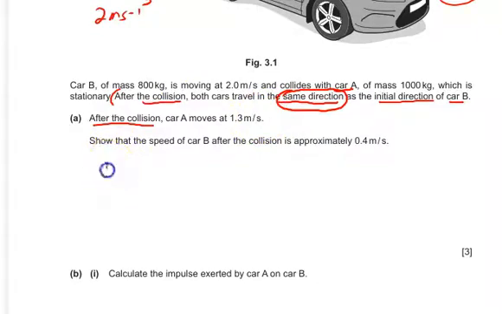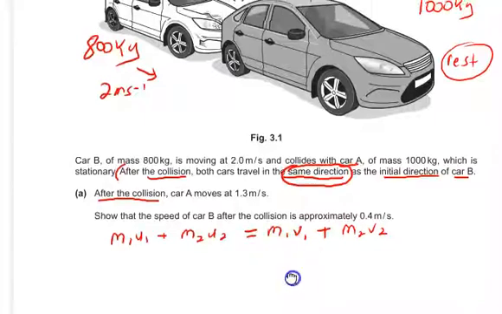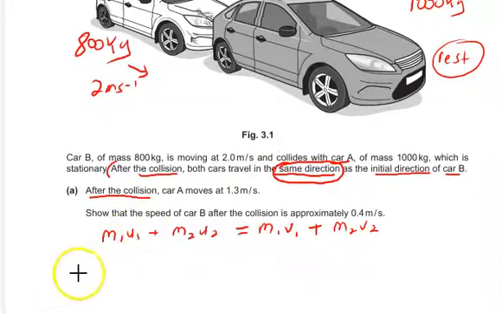So we have to use this formula m1u1 plus m2u2 equals m1v1, where v is the speed after the collision. I'm just going to key in the values. Here we have about 800. Maybe I can change it to, here's the B, here's the A.